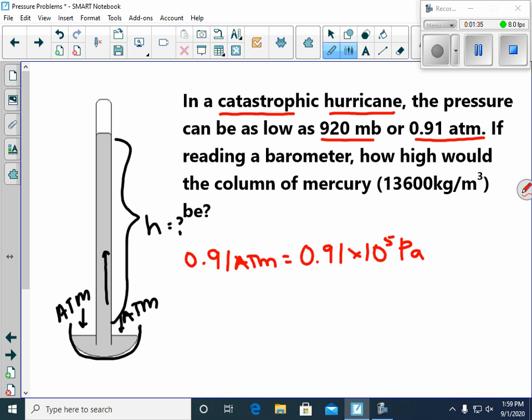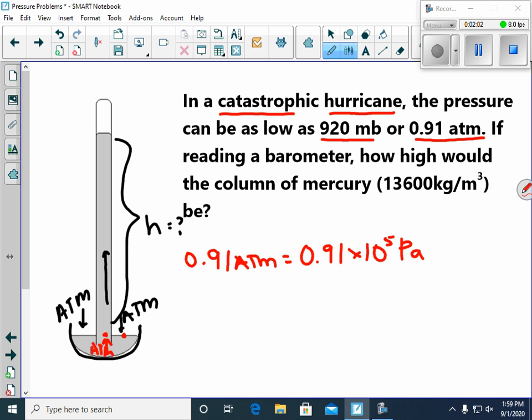If you're reading a barometer, how high would the column of mercury be? What we want to talk about is how this is not a moving column of mercury, instead it's at rest. So if we have this equilibrium happening, the atmosphere is pushing down here. It's going to be at this point exactly what it's feeling going up.